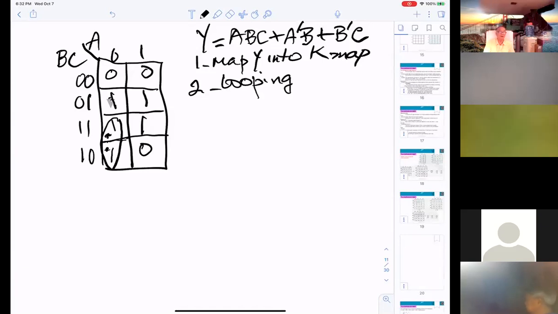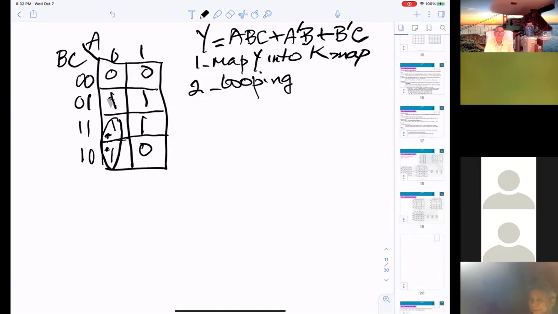Okay, now you're looking into that loop. What does A equal? Zero. Not A. A equal 0 means not A. What does B equal? B is 1 and 1, right?